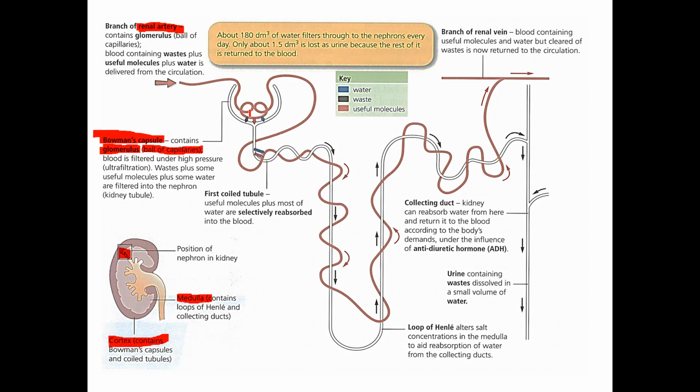But then, if you look at these two arrows, here we have the water and useful molecules. The direction shows they are going again inside the blood capillary. So here what will happen? Water, waste, and useful molecules will be sent out of the blood capillary.